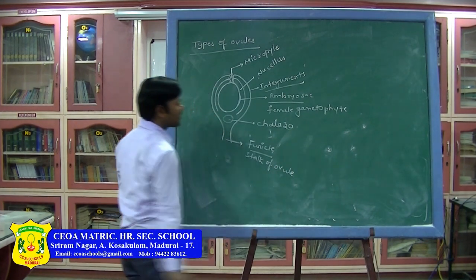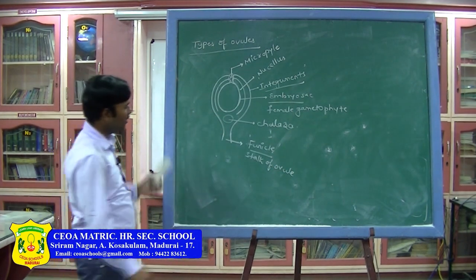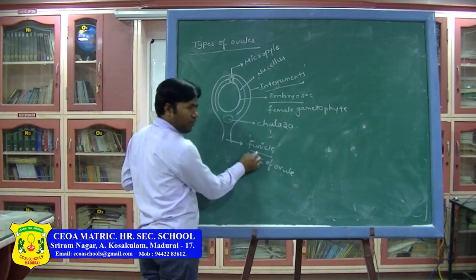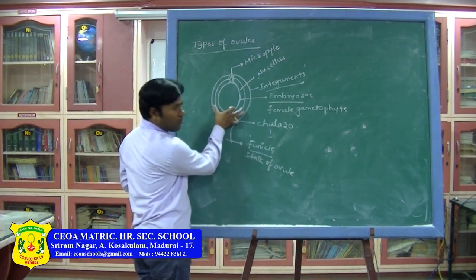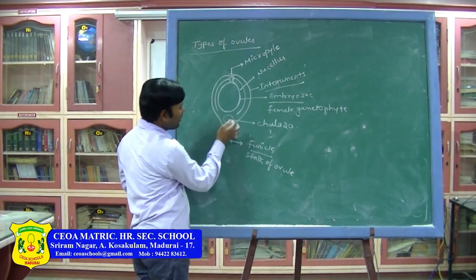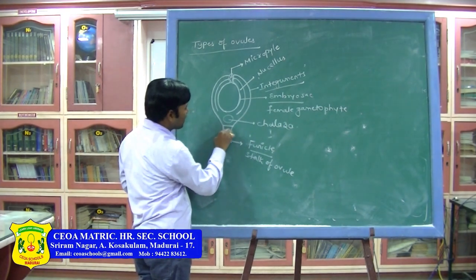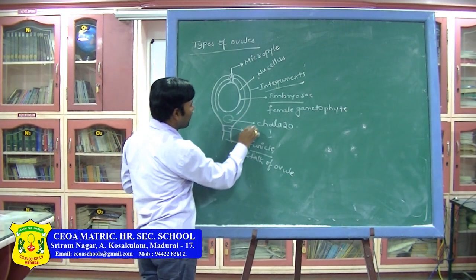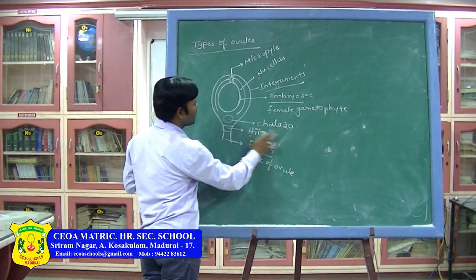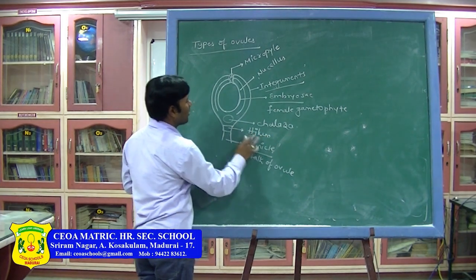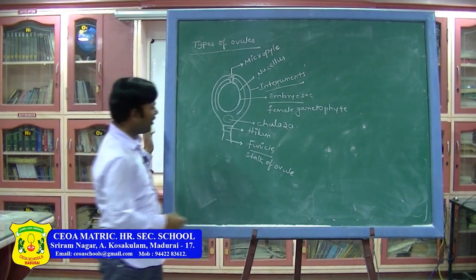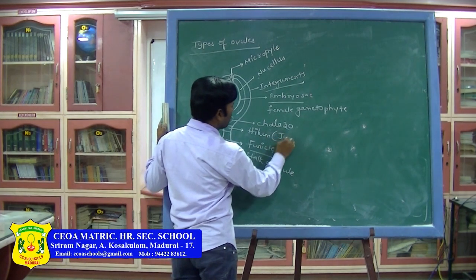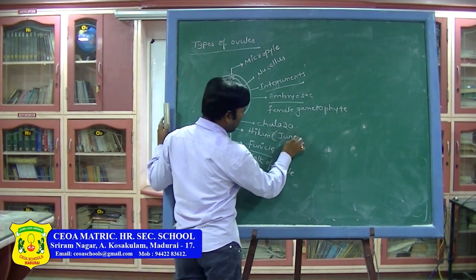Then between the stalk of the ovule, the funicle, and the body of the ovule, there is a common junction. This part is called the hilum. Hilum means a junction or common joining point.